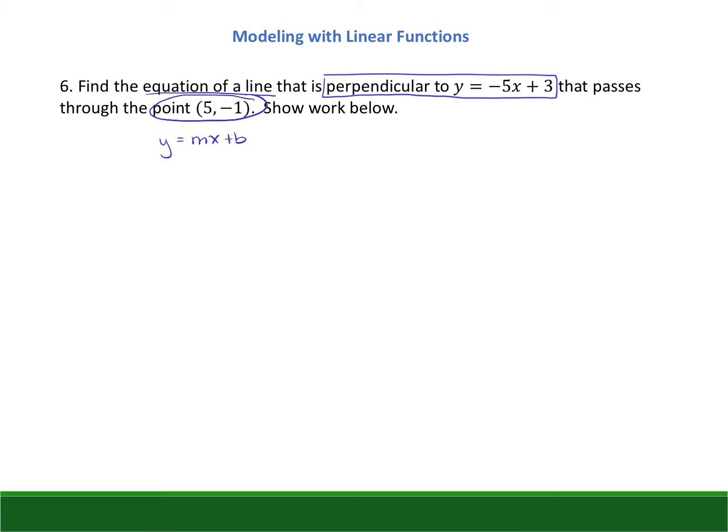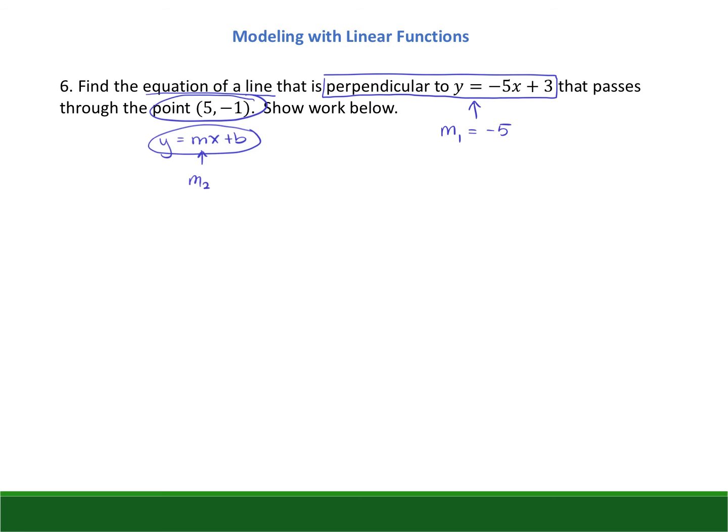So let's recall that perpendicular lines have slopes that are negative reciprocals of each other. So let's take a look at the perpendicular line. Its slope, and I'll call that m sub 1, the slope of that line is negative 5. And we're trying to write the equation of another line. So I'll call this slope m sub 2.